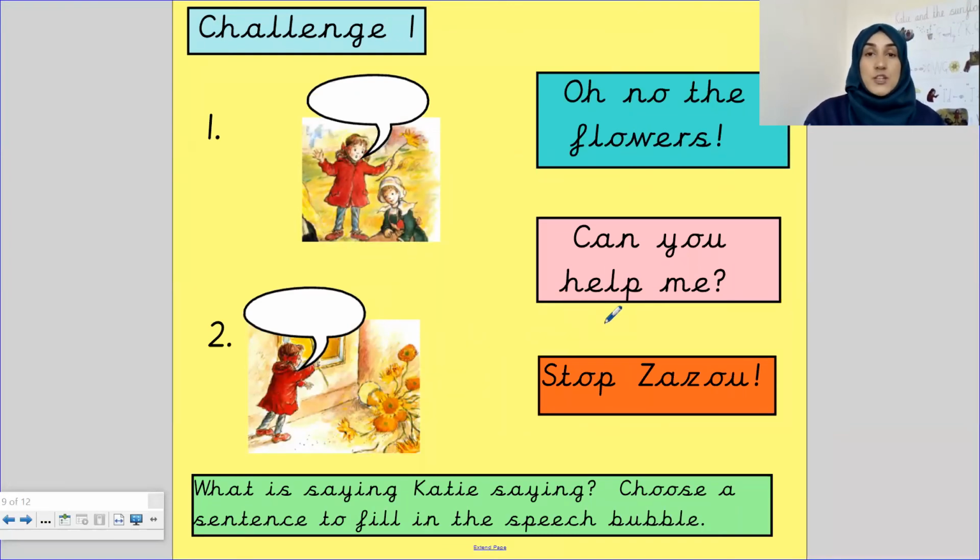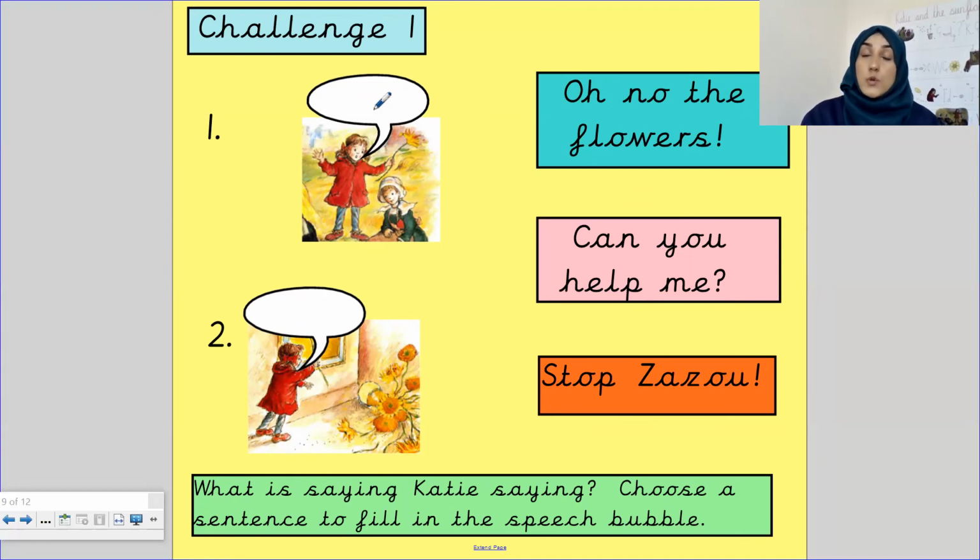If you usually complete challenge 1, then what I would like you to do is, here are 2 pictures. There's number 1 and there's number 2. And now, can you see the speech bubble, which is this white part? Now, the starting of the speech bubble is next to Katie's mouth. So we know that Katie is the one who is going to be talking, same as in this picture, okay?